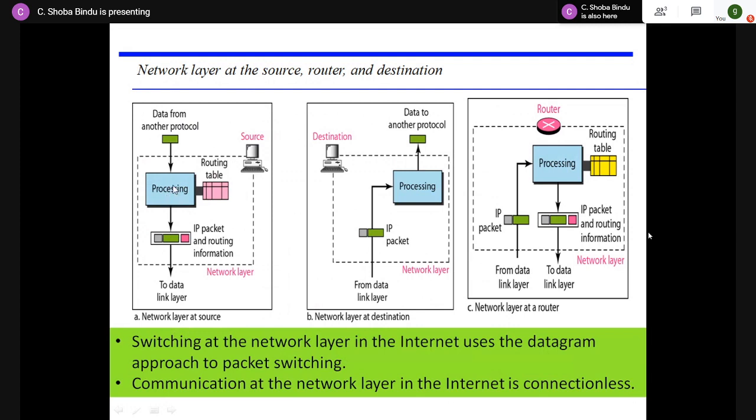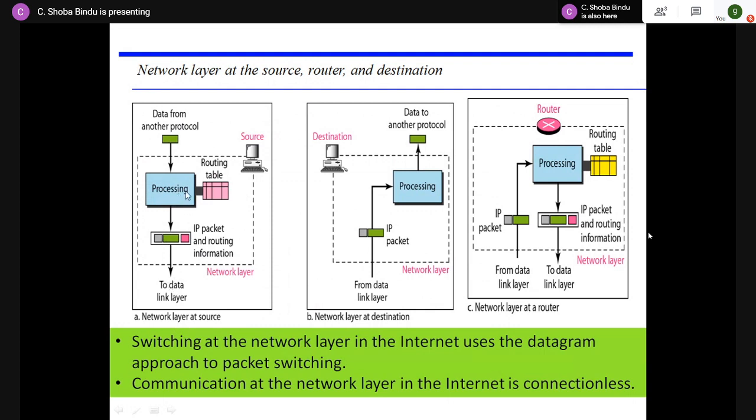Then it has to process it. Processing it, in the sense, it has to give the source address. It has to add a header which contains the source IP and the destination IP, and then give it to the bottom layer for transmission. So it will be forming a packet and then giving it to the data link layer for transmission.